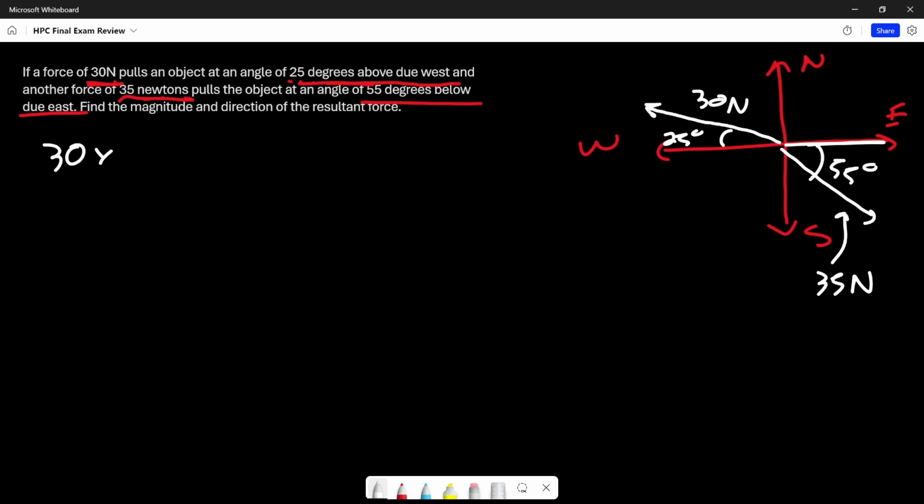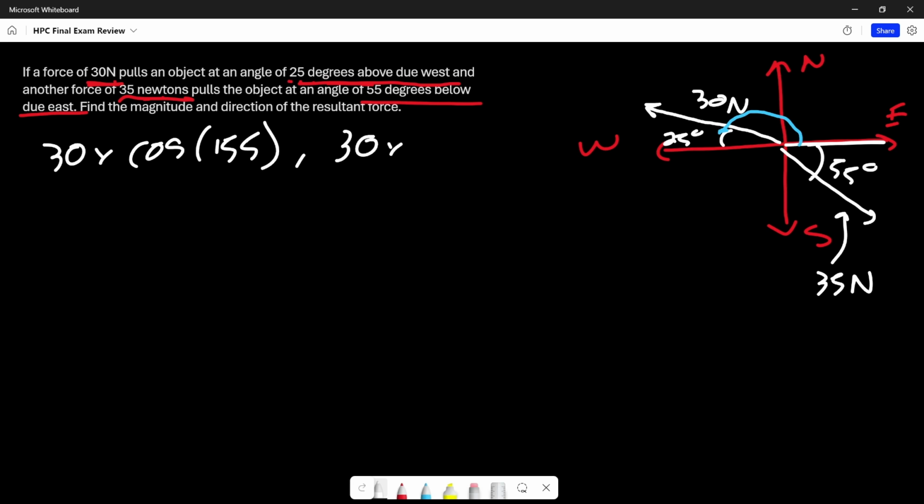It would be this angle right here, and that's just 180 minus 25, so that'd be 155.